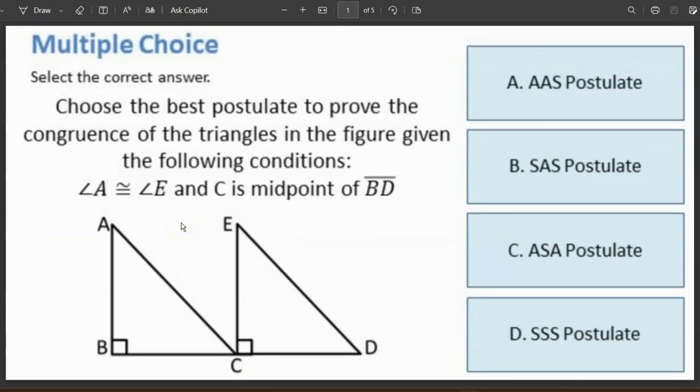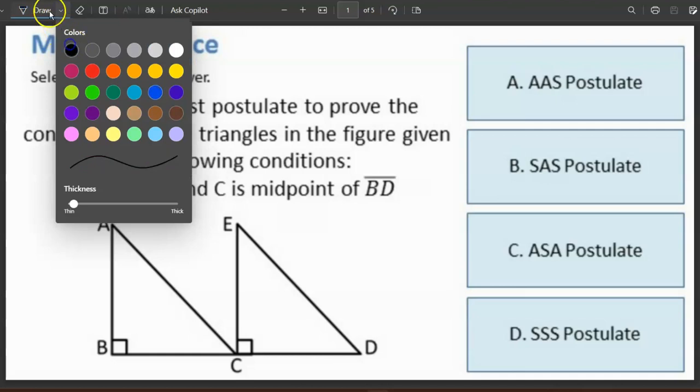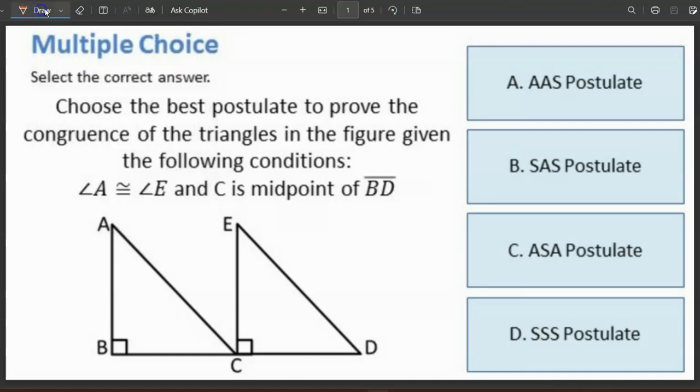It says here that given the following conditions, our conditions are again the following. We have angle A is congruent to angle E. So this is congruent to this, right?